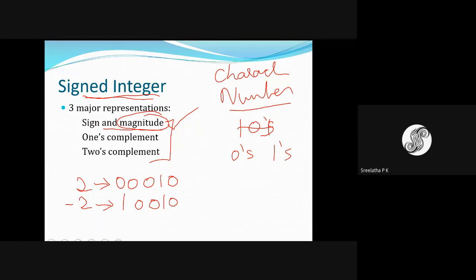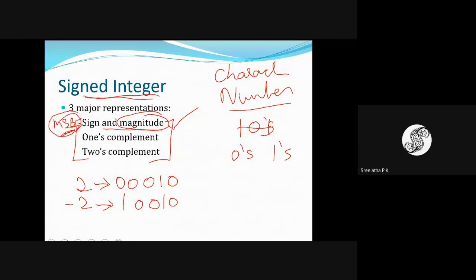So in sign and magnitude, or in all these methods, the MSB indicates the sign of the number.